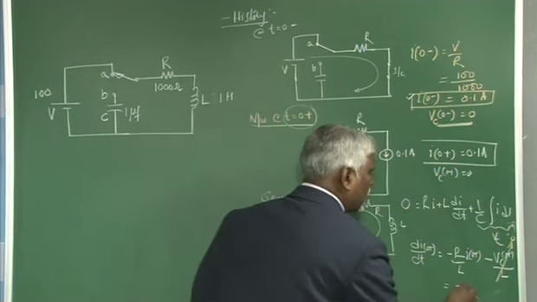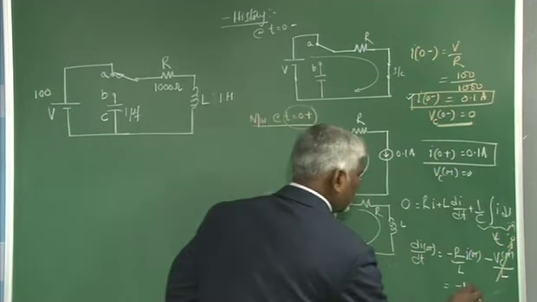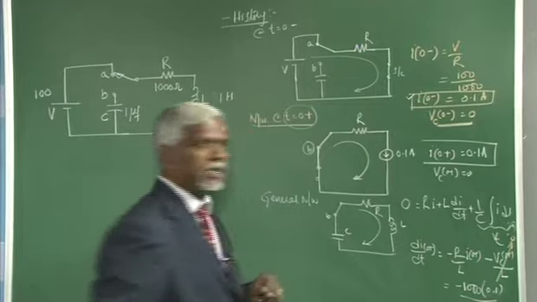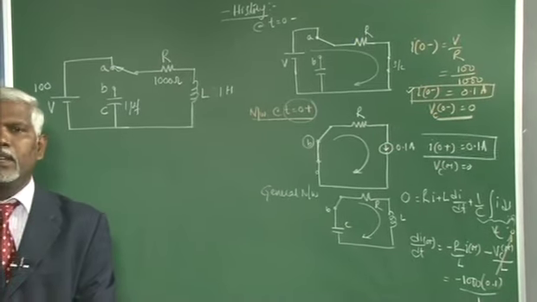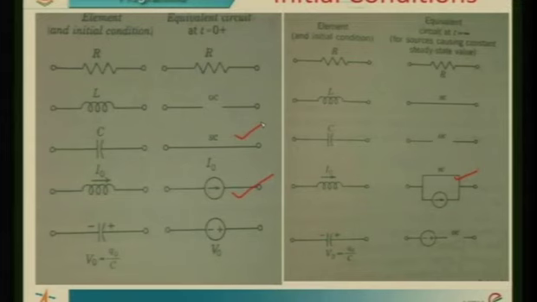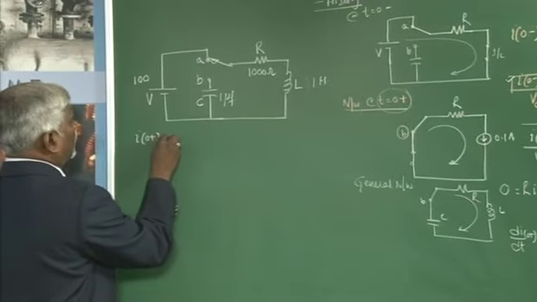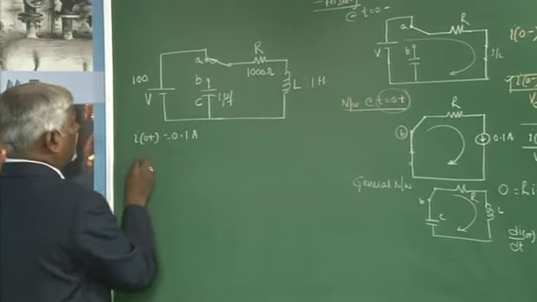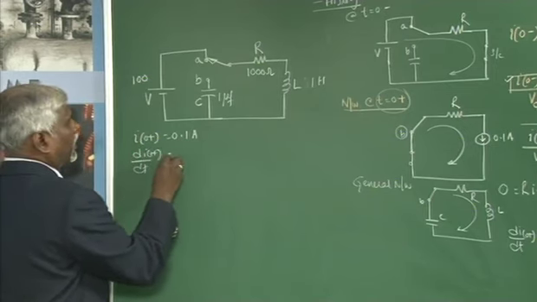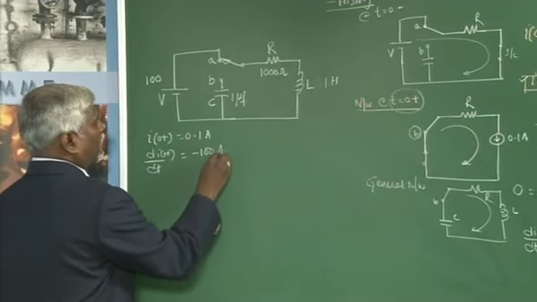So, di by dt is minus 1000 into 0.1 divided by 1, it will be minus 100 amperes per second. So, I at 0 plus will be 0.1 amperes, di by dt at 0 plus will be minus 100 amps per second.